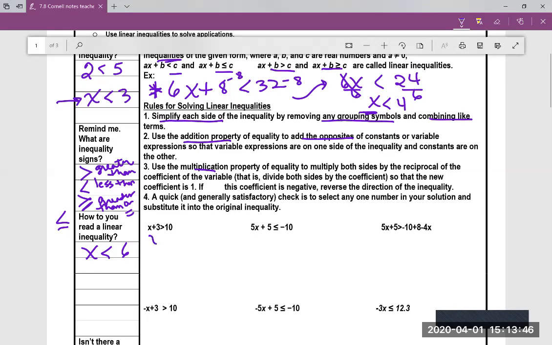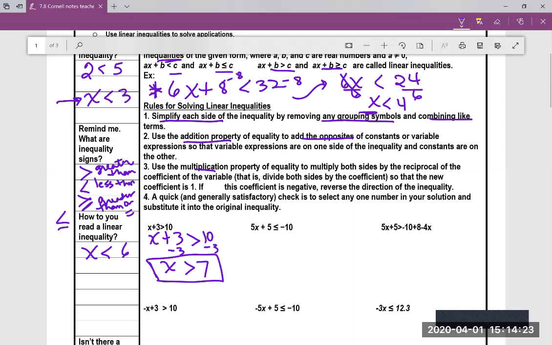Starting with x plus 3 is greater than 10, we subtract 3 from both sides, and we have x is greater than 7. So the solution set is any number greater than 7. If I was in the classroom, I'd say, give me a number greater than 7. Someone might say 100. 100 plus 3, is that greater than 10? Yes. Try 8. Is 8 plus 3 greater than 10? Yes, because 11 is greater than 10. That's how you could check it.